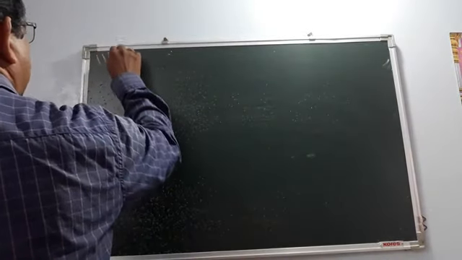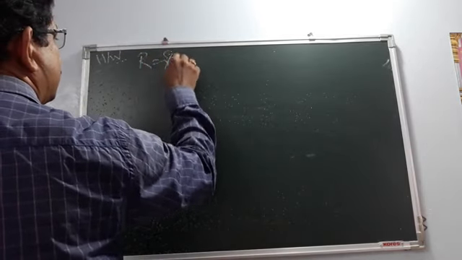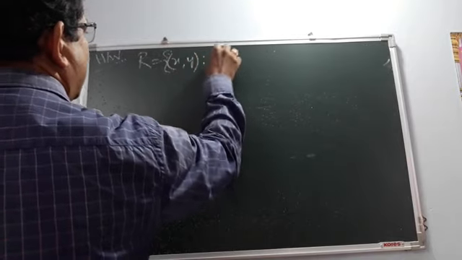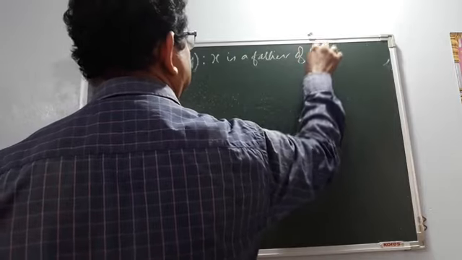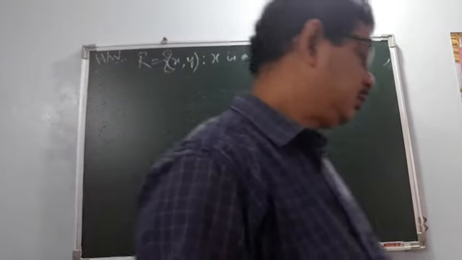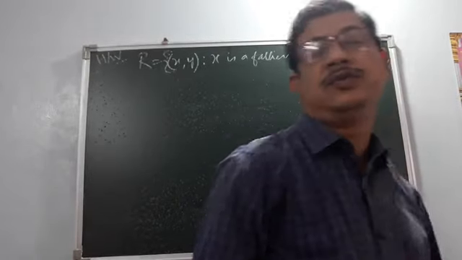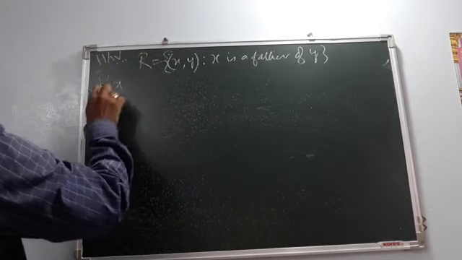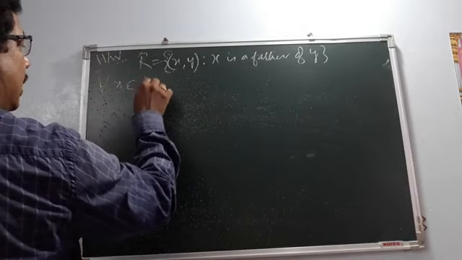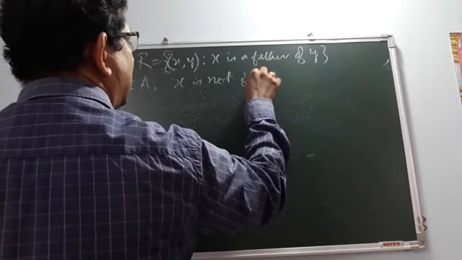So here is your homework that I have given: R is (x, y) where x is a father of y. We have to prove whether this is reflexive, symmetric, and transitive. For any x belonging to A, x is not the father of x.